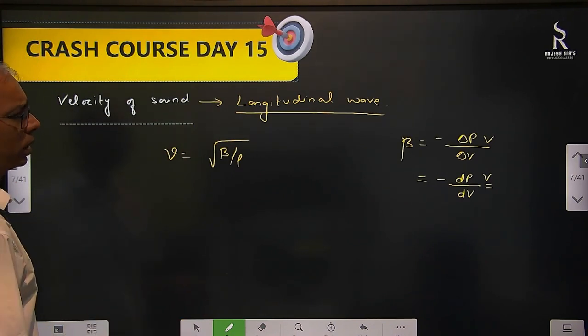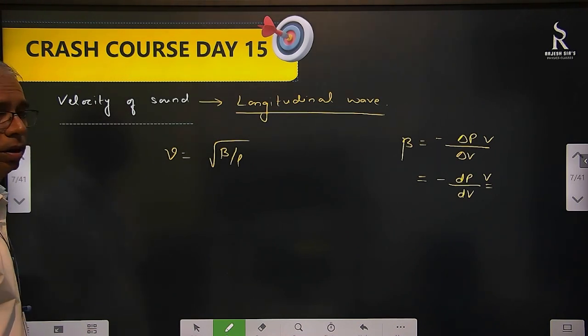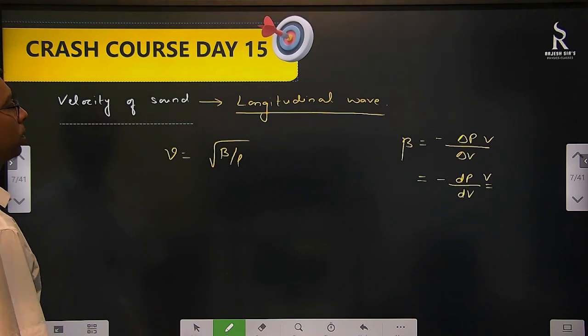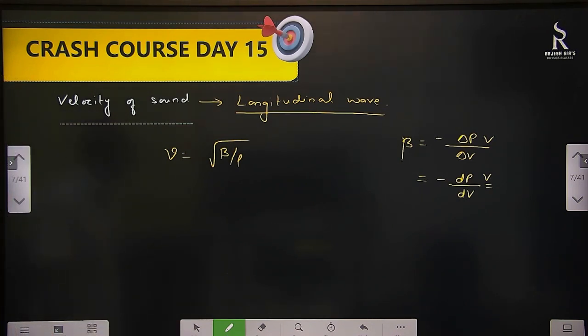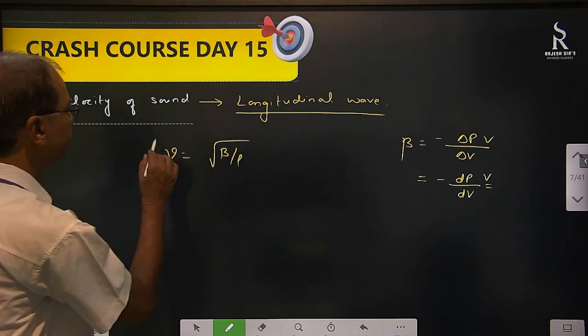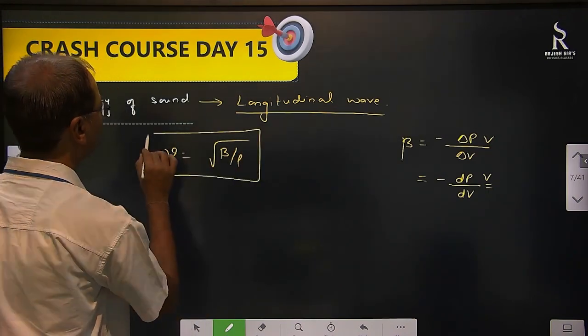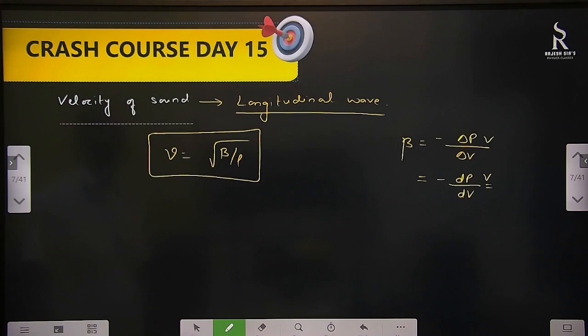We can find out if any other form is there in which we can represent this. So yes, we can. Bulk modulus we can find for a gas, through which we can find another formula for velocity of sound. But at the moment, V equal to root over beta by rho we are keeping in our mind. Okay, we are moving ahead.